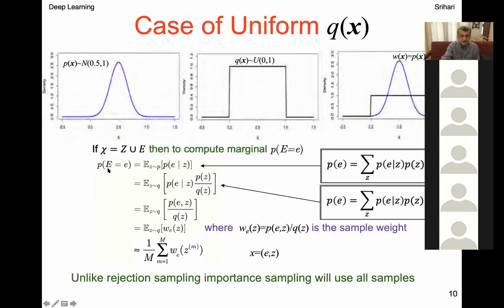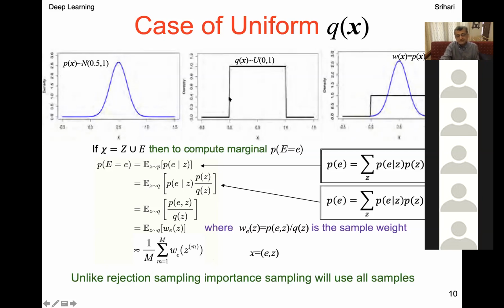And what are we doing here? This is as if we are trying to determine some probability of E when you have a joint between E and Z. It is written in terms of a conditional here, and then the summation comes in. So basically, we're using weights here. This example shows a complicated Gaussian, itself called a complicated distribution.